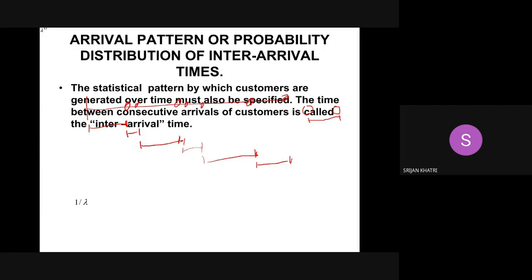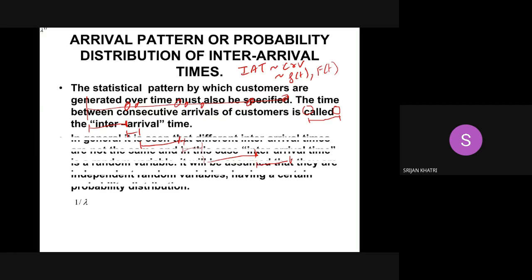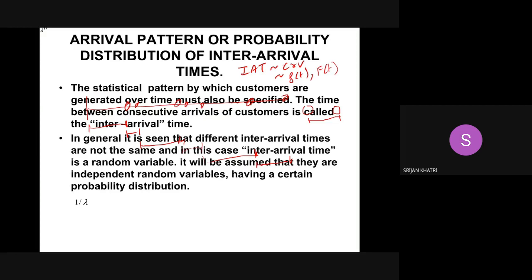The time between two consecutive arrivals is known as the inter-arrival time, and it is a continuous random variable. So you have to define its PDF or CDF. Because it is a random variable, it is characterized by either the probability density function or the cumulative distribution function. In general, it is seen that different inter-arrival times are not the same.